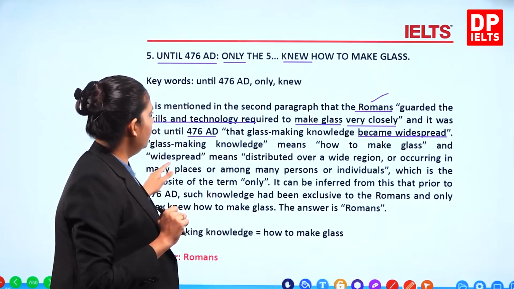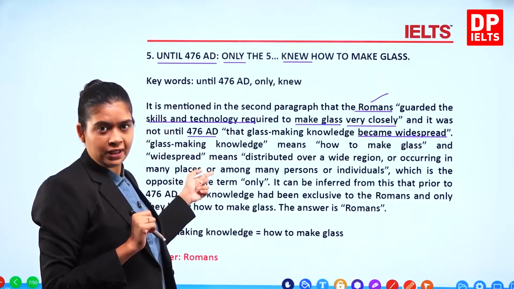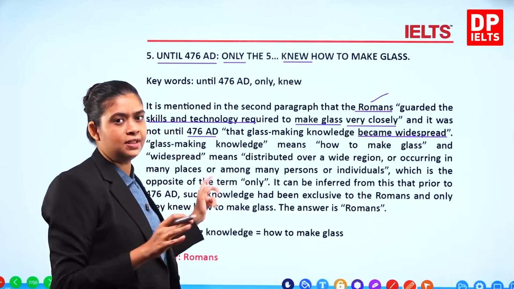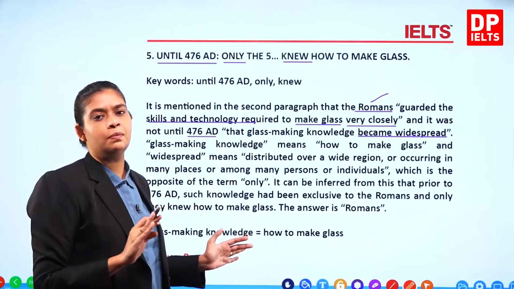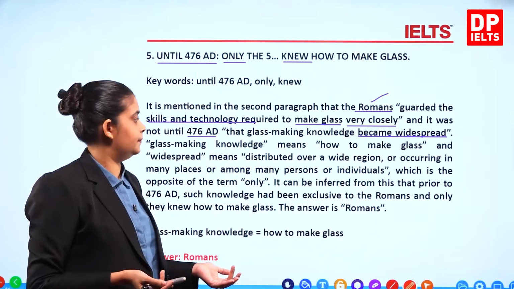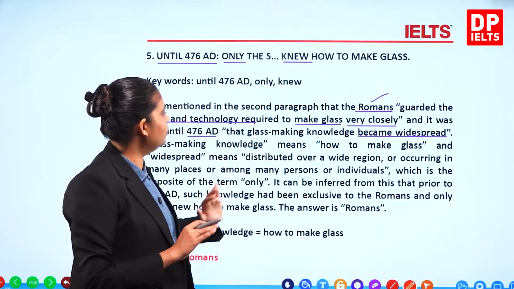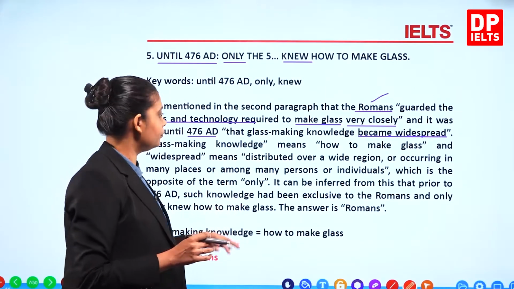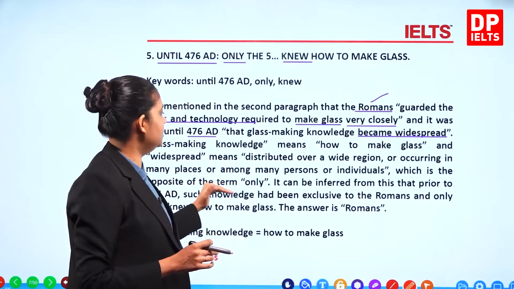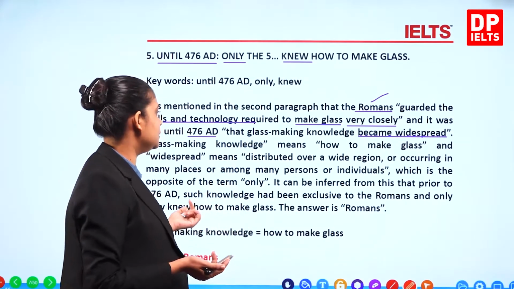Now, when we come here down widespread, glass making knowledge means how to make glass. So this is kind of the paraphrasing part for you to understand how do we get the answer, right? Widespread means distributed over a wide region or occurring in many places or among many people or individuals, right?